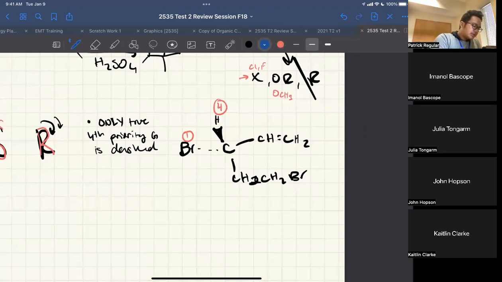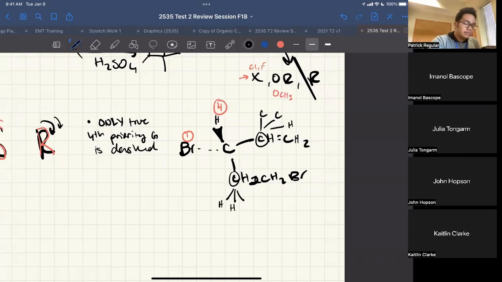And now we have to assign 2 and 3. Well, the way we do that, since the C's are the exact same atomic mass, we look at their bonds. This C is double bonded to another C, so it counts as 2 C's, 1 for each bond, then that 1 H. This C has 2 H's because that's CH2, and is bonded to 1 carbon, or that methylene group.